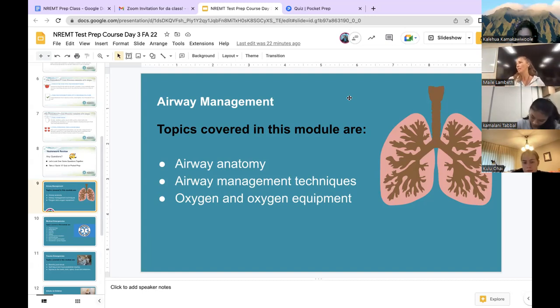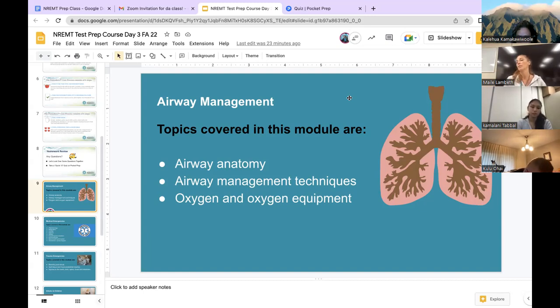So airway management techniques, that's kind of what we talked about yesterday, with knowing whether or not you're using a nasal cannula, a BVM, a non-rebreather, kind of based on your patient's signs and symptoms, right? And it's rate and quality of breathing that are going to change the type of airway equipment that you guys are going to be using. Okay. For your oxygen equipment, just make sure you guys know what each one is and what percentage of O2 each one delivers, because that's important.